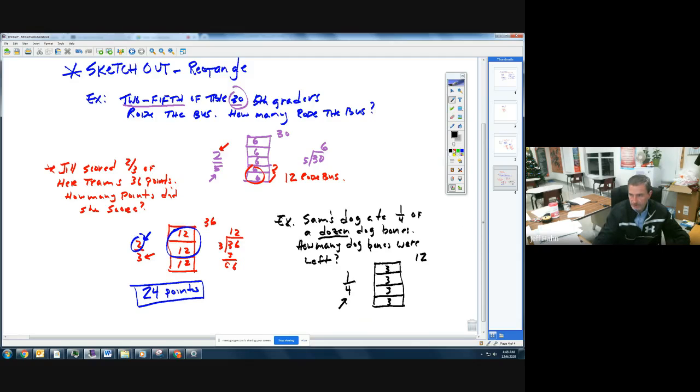The top number, the 1 in 1/4, means one of those pieces was how many Sam's dog ate, which means the other 3 were the ones that were left. They are asking you for how many were left, not how many he ate. We know he ate 3. That means that 3, 6, 9 bones were left.